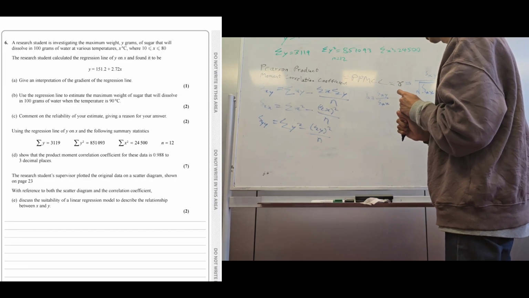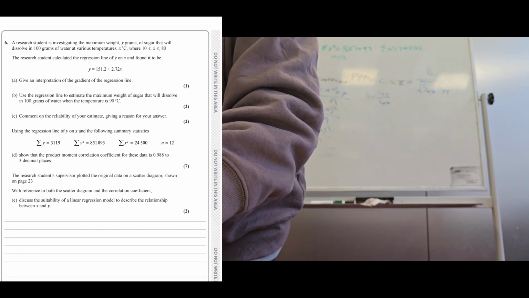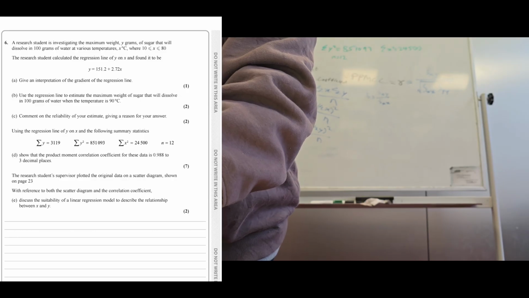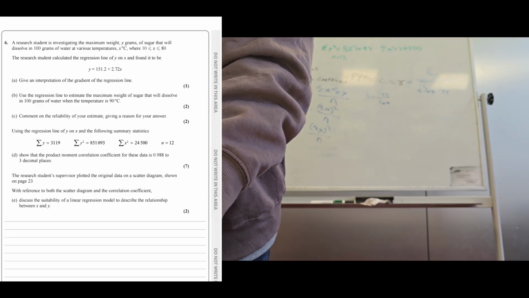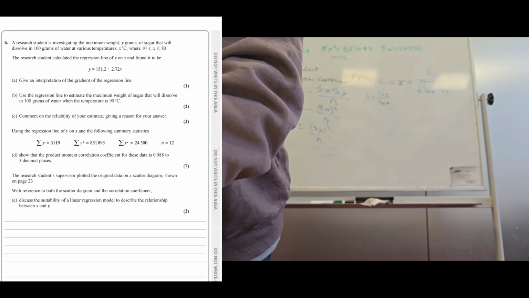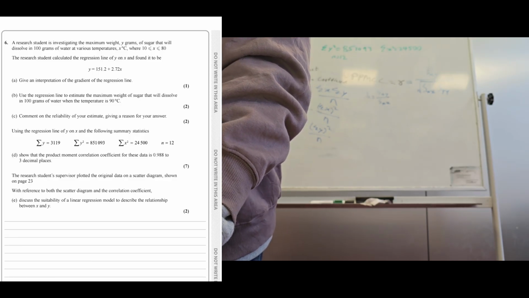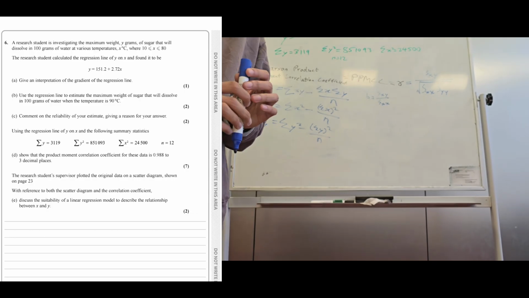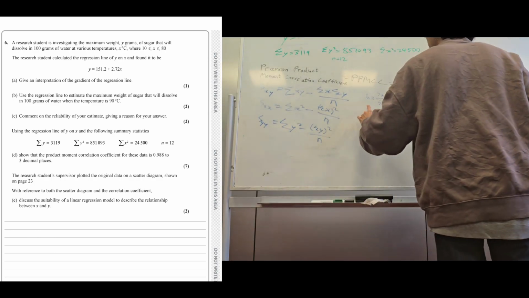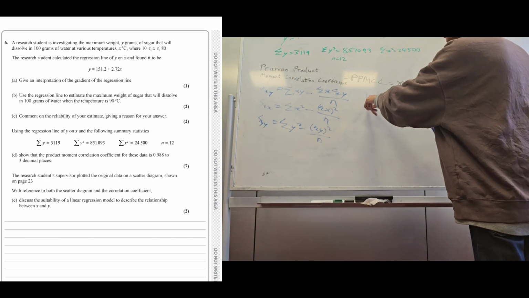From what I remember, I might be wrong. So b is equal to Sxy by Sxx, and then a is equal to y bar minus b x bar. Okay, this is b. So we just find Sxy, Sxx, and then plug it into here.